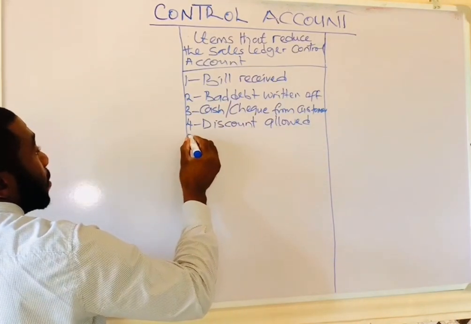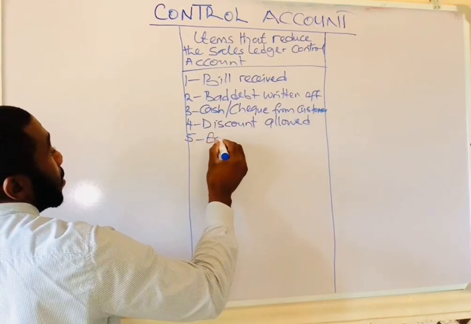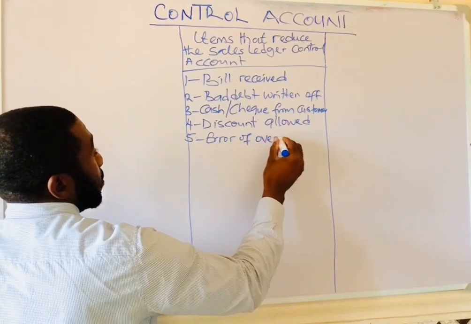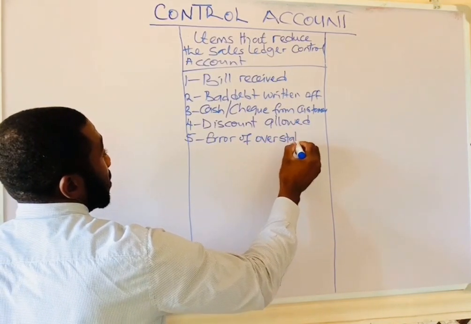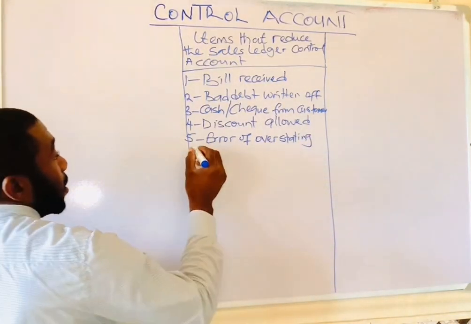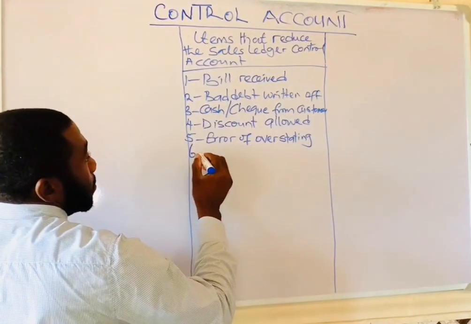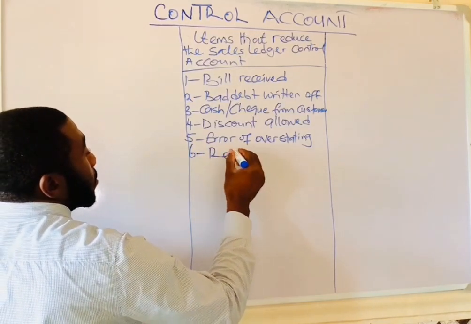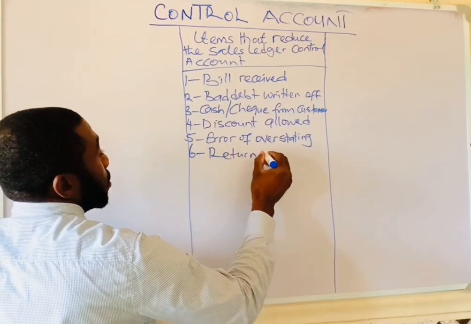Number five, error of overstating. Number six, returns inwards.